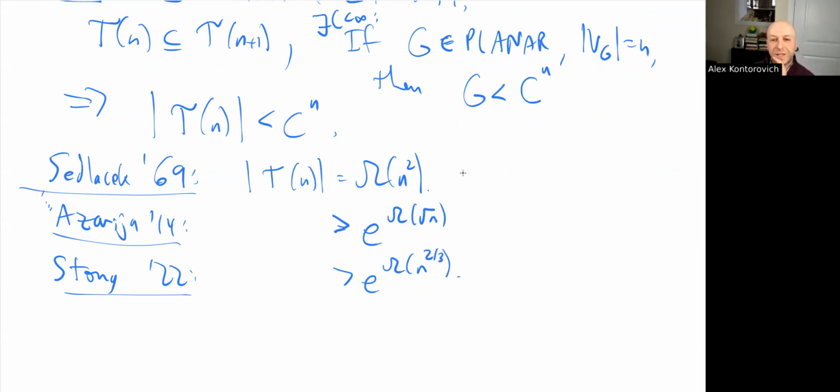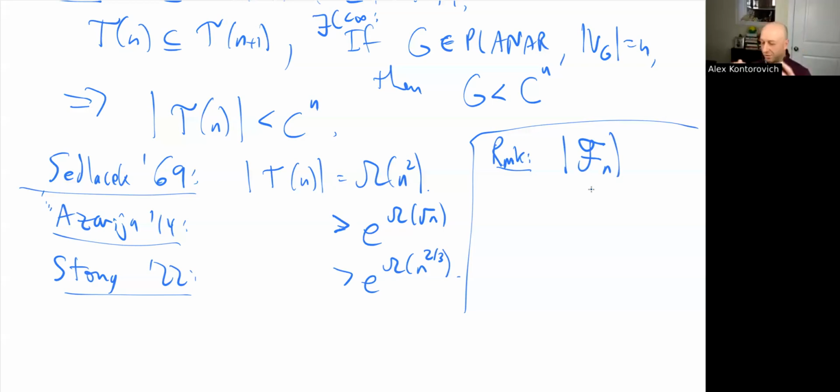One of the difficulties, let me throw in another remark: the number of non-isomorphic planar graphs on n vertices itself grows exponentially, it is e to the omega of n. So you might say, well, you have lots and lots of graphs, why can't you make lots and lots of distinct values of spanning trees?